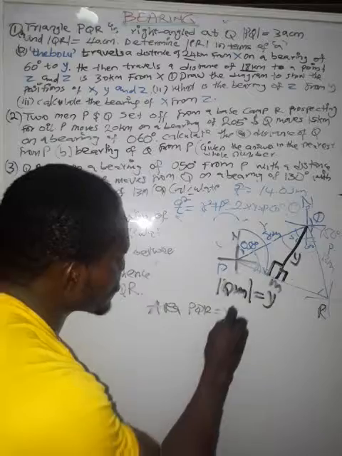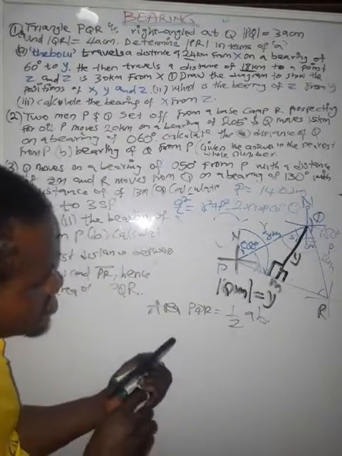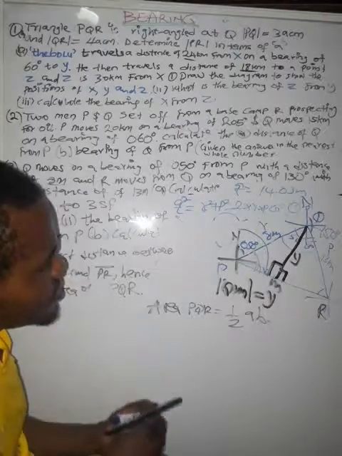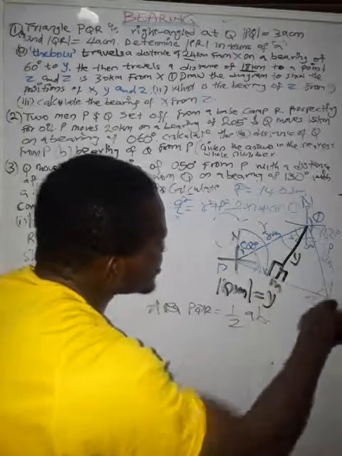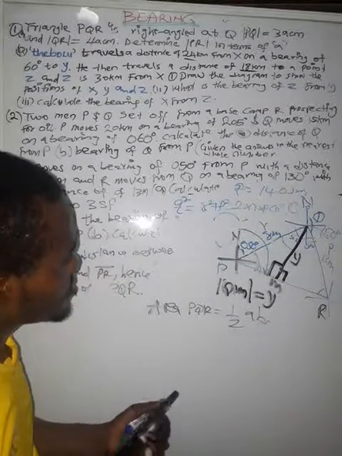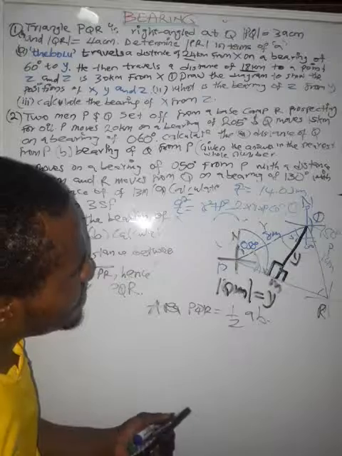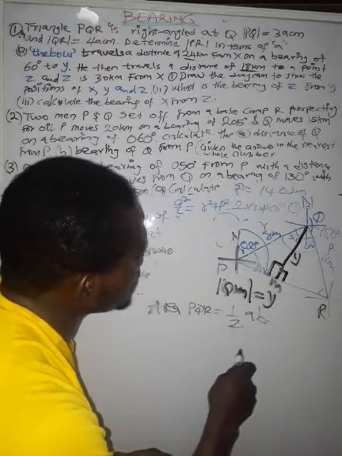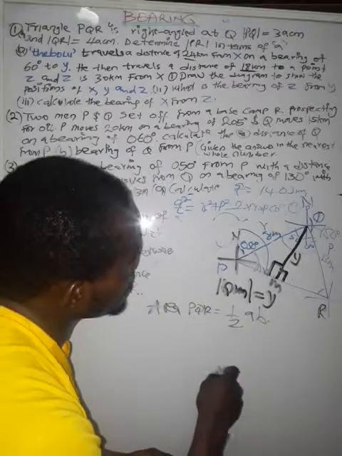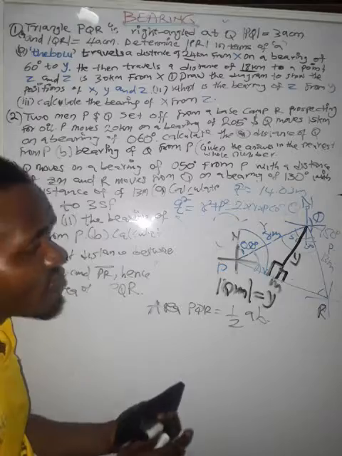Half AB sine theta. We can actually solve it two ways.